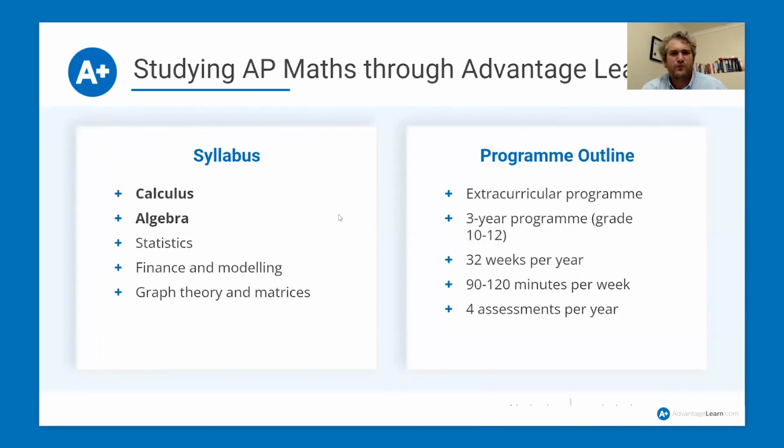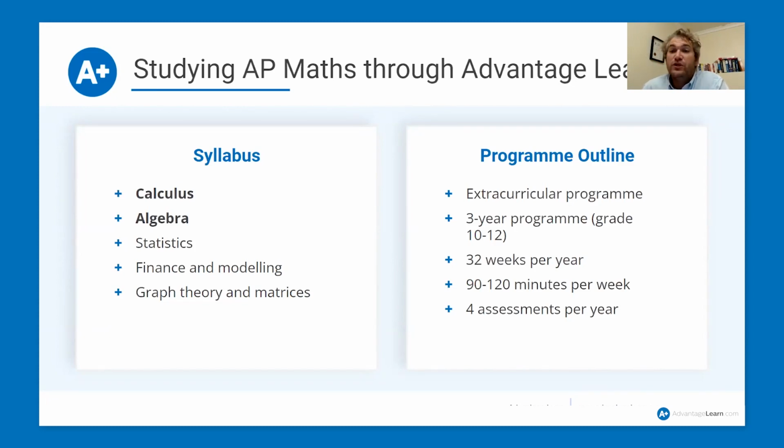Okay. So to talk a little bit to the curriculum of advanced program maths, the syllabus covers calculus and algebra as the core modules, core domains, and then statistics or finance and modeling or graph theory and matrices as the elective domains. It's an extracurricular program which happens over 3 years from grade 10 to 12.